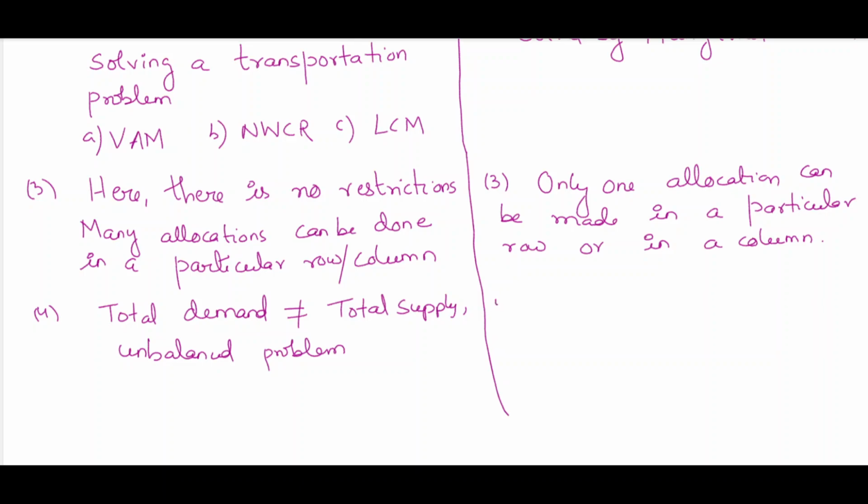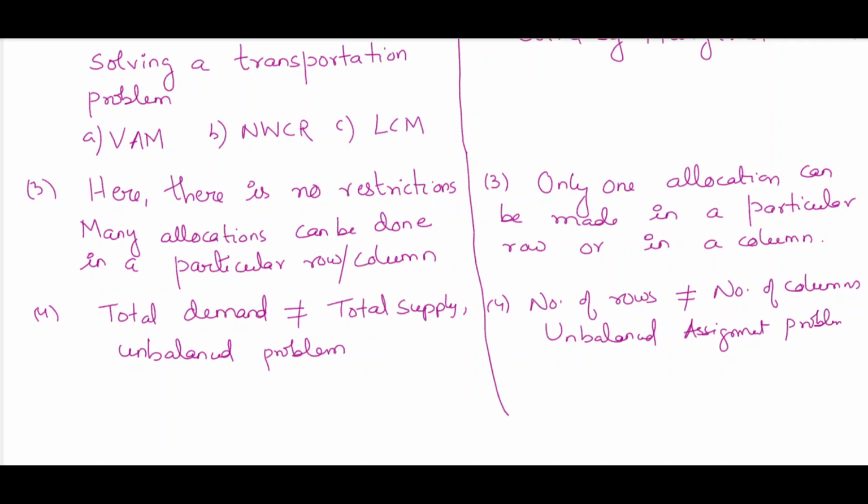When the number of rows is not equal to the number of columns, it is an unbalanced assignment problem.